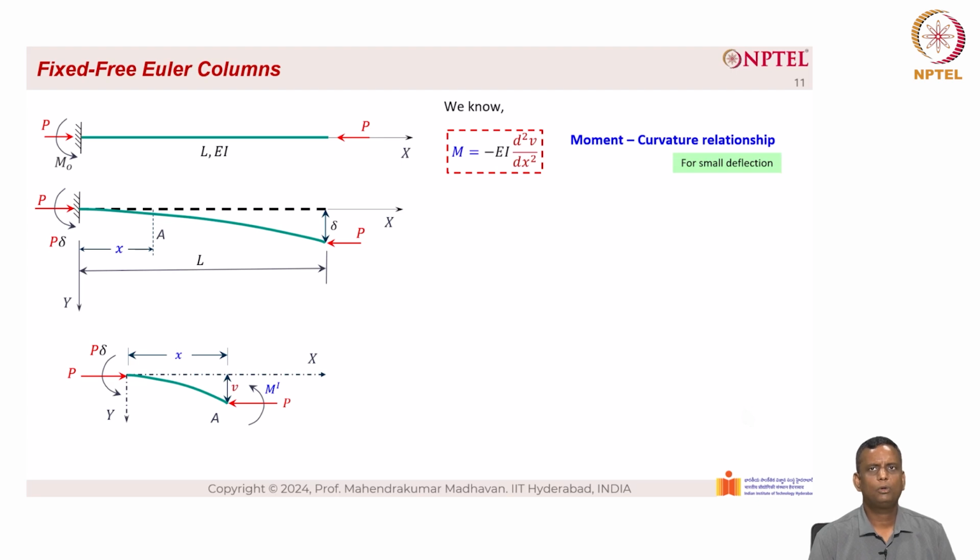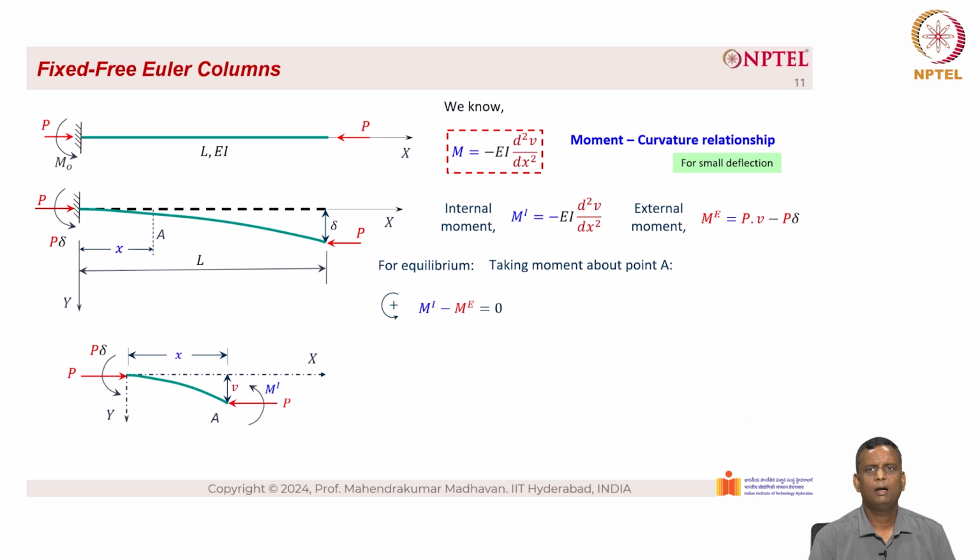We know that M equal to minus EI into d square v by dx square, which is the moment curvature relationship for small deflection. Internal moment, Mi, is equal to minus EI d square v by dx square. The external moment, Me, is equal to P into v minus P delta. For equilibrium, taking moment about point A, we have Mi minus Me is equal to 0.